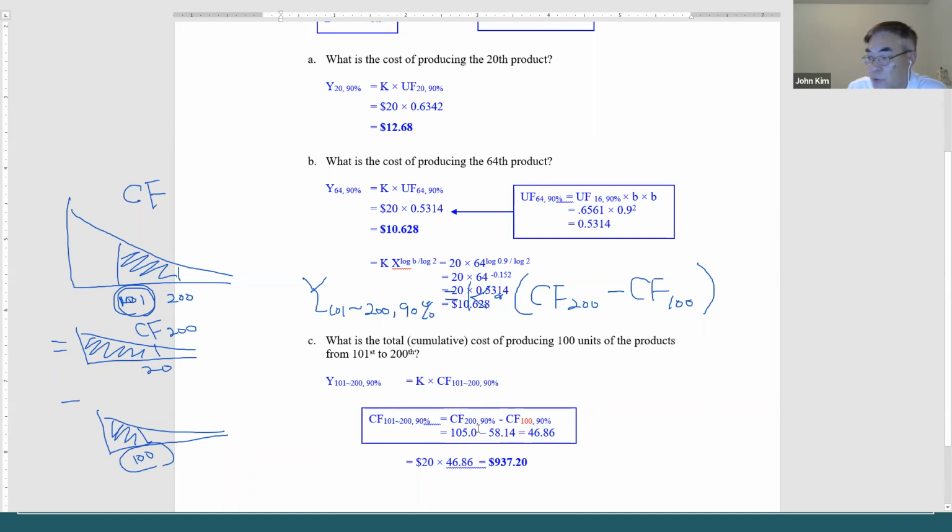The cumulative factor 200 is 105, and the cumulative factor 100 is 58.14. So the cumulative factor from 101 to 200 is 46.86. So K is 20 times 46.86 equals 937.2.